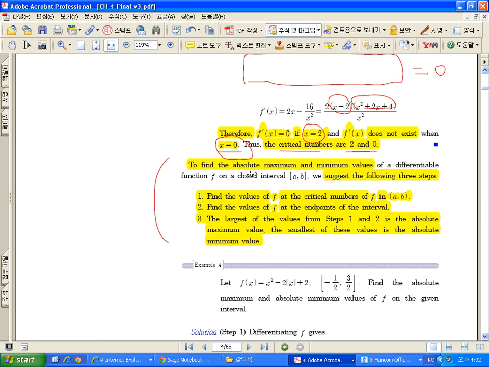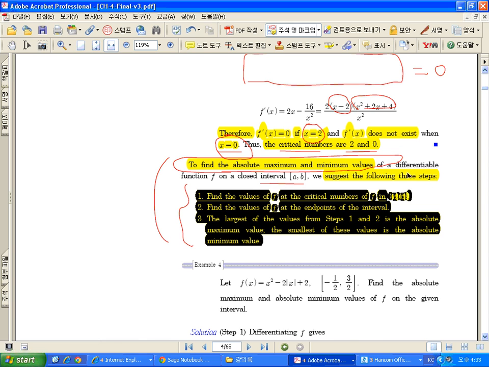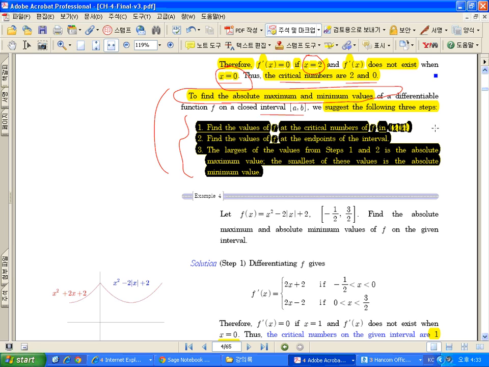Then with these observations, we can develop an algorithm to find the absolute maximum and absolute minimum values of a differentiable function on a closed interval a, b. Follow the 3 steps. First, find the value of f at the critical numbers of f. Then find the value of f at the endpoints of the interval, and compare the values of the function at those points.